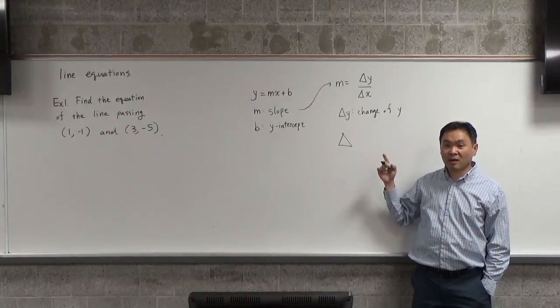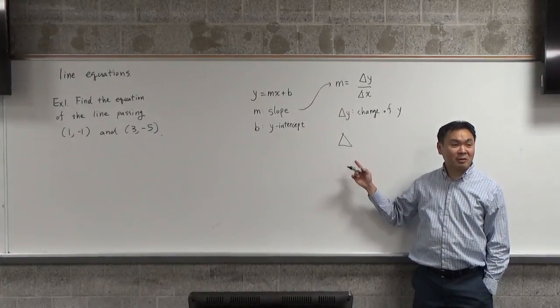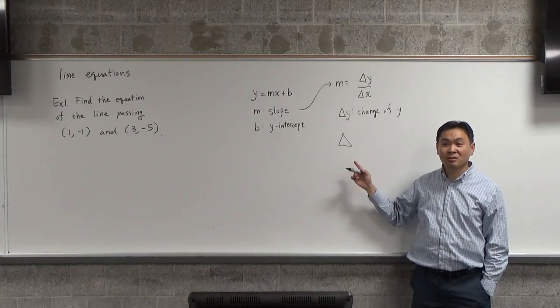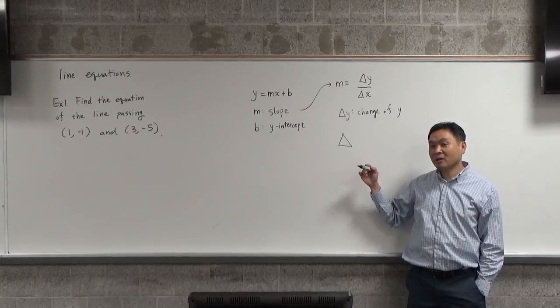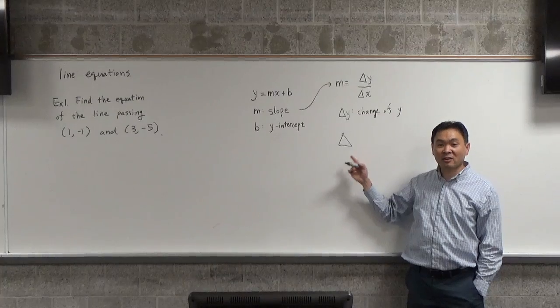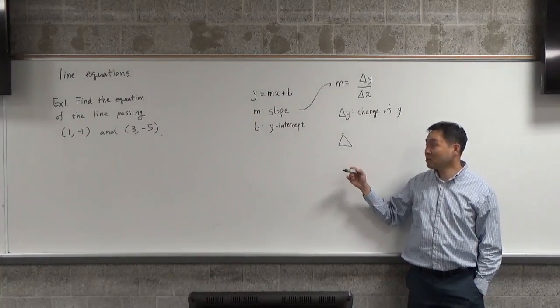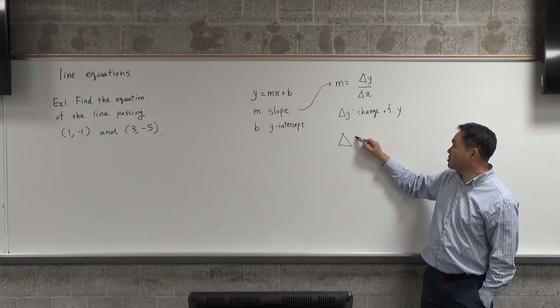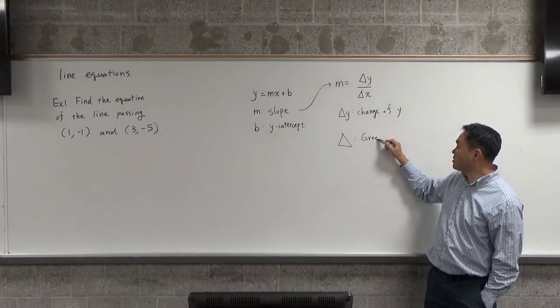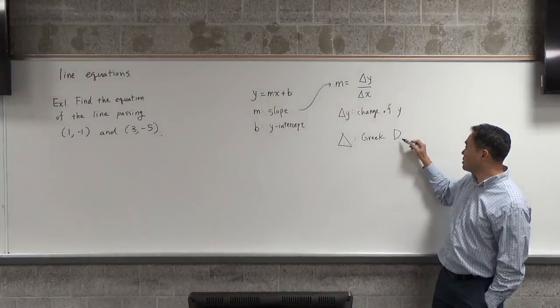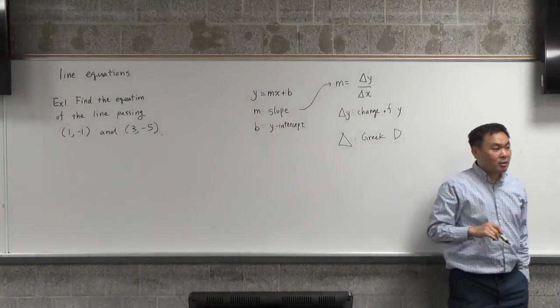This is actually an alphabet. Alphabet of which language? Greek. It's a Greek alphabet. And what letter does it correspond to in English? D, right? So this is a Greek capital D.